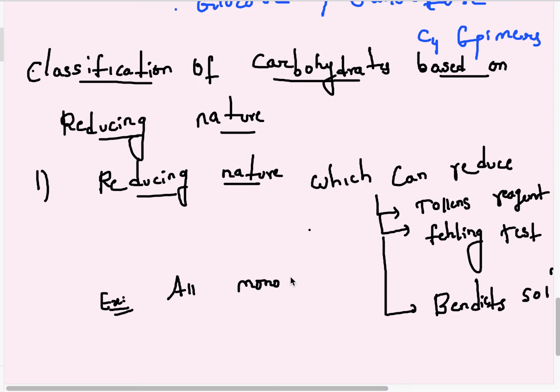All monosaccharides are reducing sugars. All ketoses you can write if you want, or else you can take only all monosaccharides. Next one, maltose. Among disaccharides, only maltose and lactose reduce.